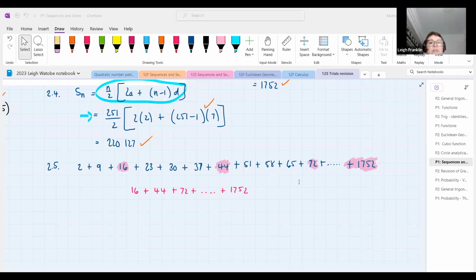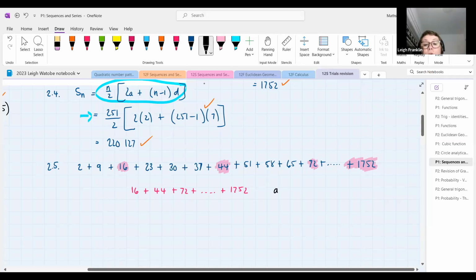So our difference is 28. In our new pattern, we've got A equal to 16 and D equal to 28.